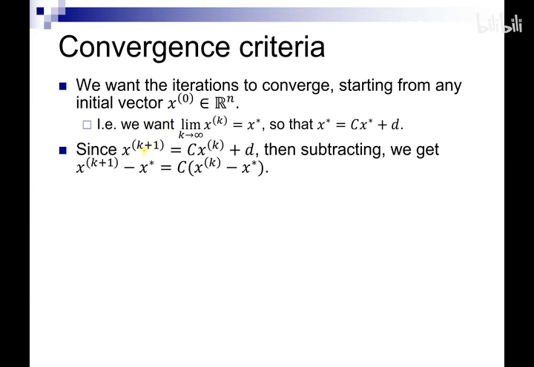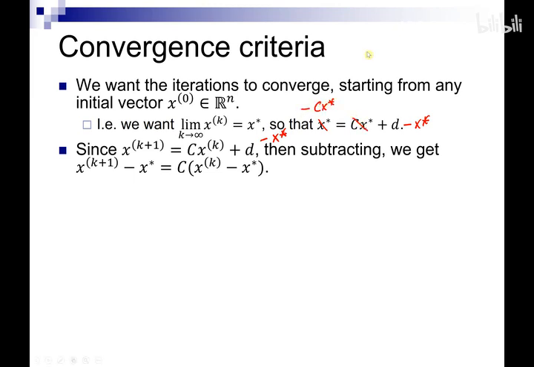Let's first write that x of k plus 1 equals C times x of k plus D. Now if you subtract x star from both sides, on the left you get x of k plus 1 minus x star. On the right, you subtract x star from D, and then move the C times x star to the other side.